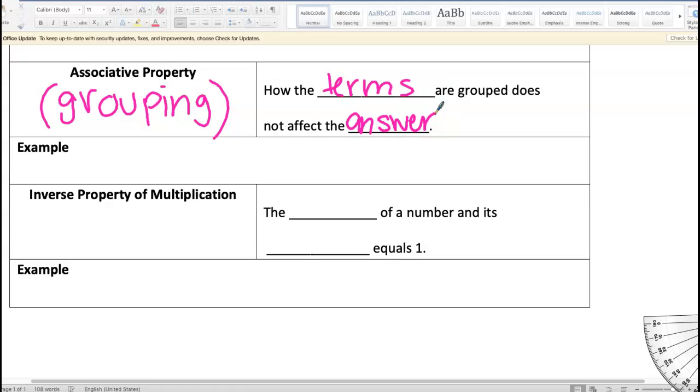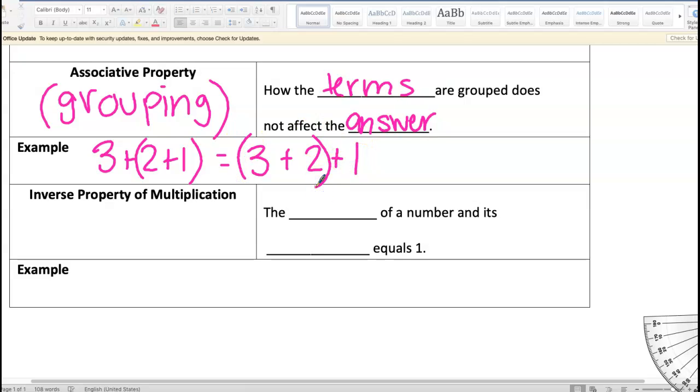So what I mean by that is if I have 3 plus 2 plus 1, and I put 2 and 1 in parentheses, what does 2 plus 1 equal? 3. 3 plus 3 equals 6. Okay. Does that change my answer if I rewrote it in the exact same order but added 3 plus 2 first?